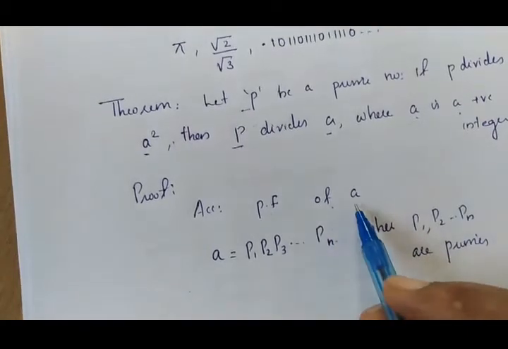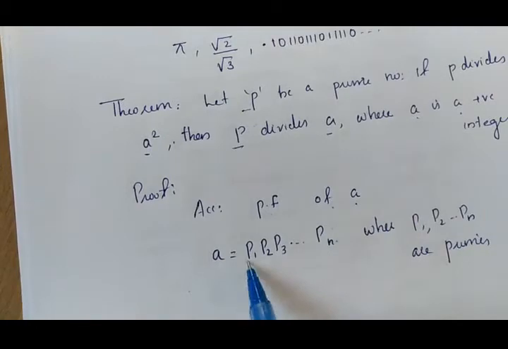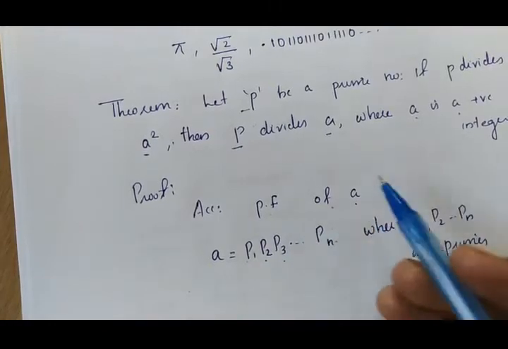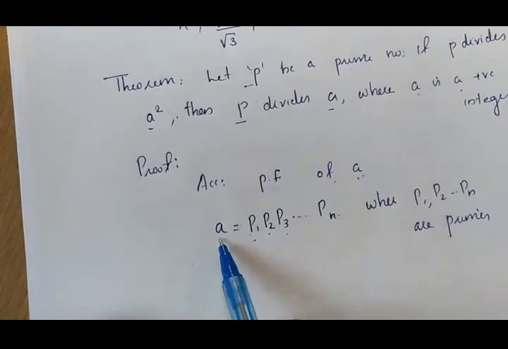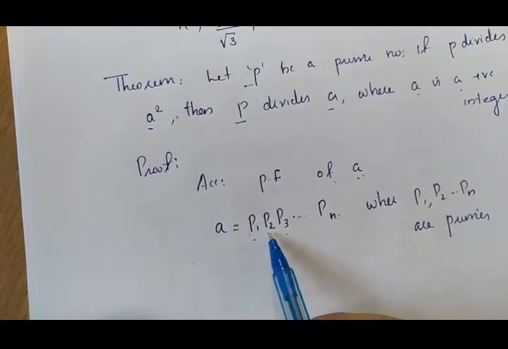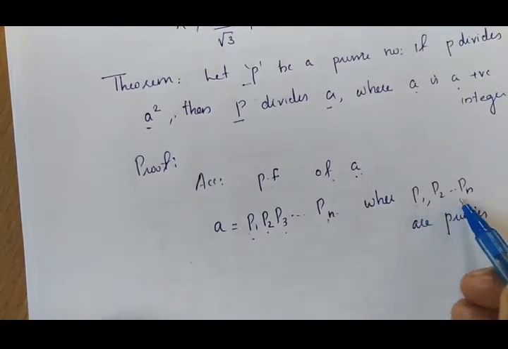Once again, we are factorizing the composite integer A into P1 into P2 into P3, etc. Pn. In previous classes, we discussed what prime factorization is and how a composite number can be represented in the form of prime factors. Here, A can be represented in the form of P1 into P2 into P3, etc. Pn, where these P1, P2, etc. are prime numbers.